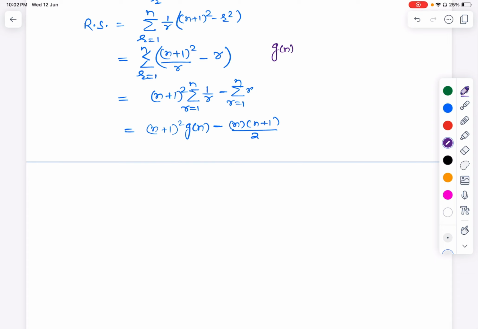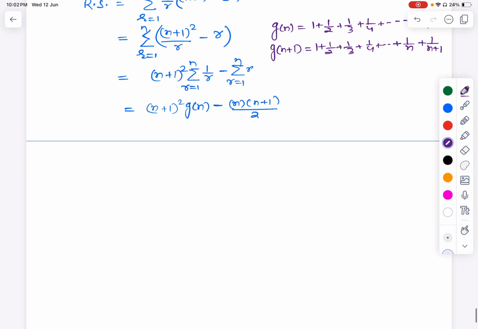g of n is 1 plus 1 by 2 plus 1 by 3 plus 1 by 4 up to 1 by n. So if we wish to write g of n plus 1, we can write this as 1 plus 1 by 2, 1 by 3, 1 by 4 up to 1 by n plus 1 by n plus 1. So this is g of n. So g of n we can replace as g of n plus 1 minus 1 by n plus 1.